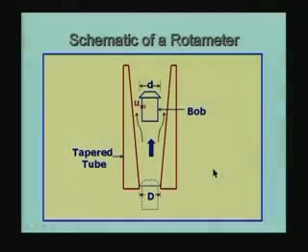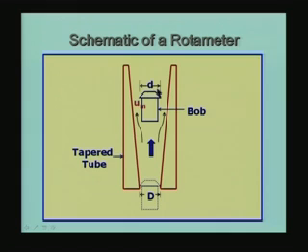But if you are going to install a rotameter, you have to make an arrangement such that locally the flow direction is exactly vertical from bottom to up. It should be from bottom to top. The flow direction is fixed from the bottom to top against the gravity. Very important to remember. So, let us look at the schematic of the rotameter. Essentially it consists of what is called a bob. Bob is this piece of material which I have shown in the form of a cylinder with a small cap onto it.